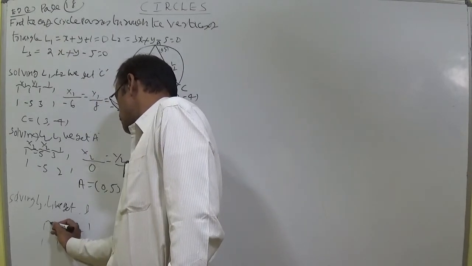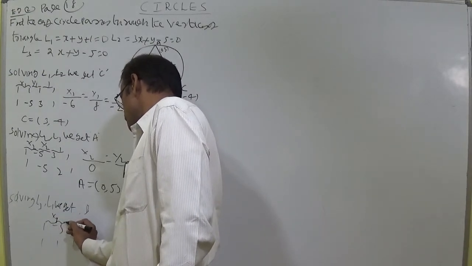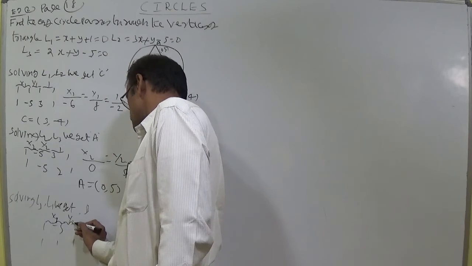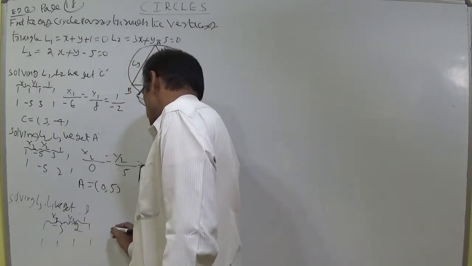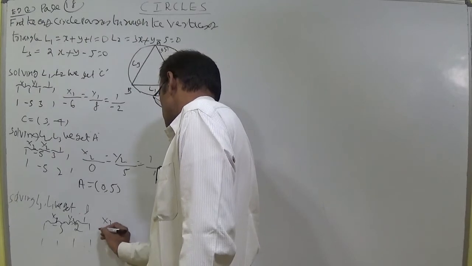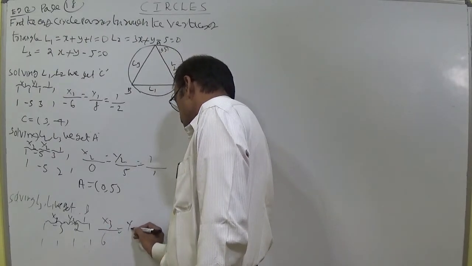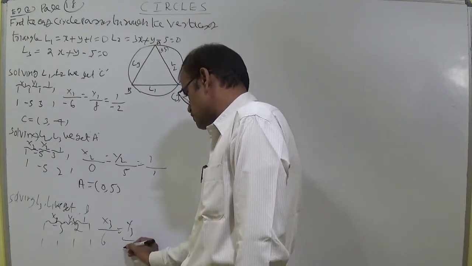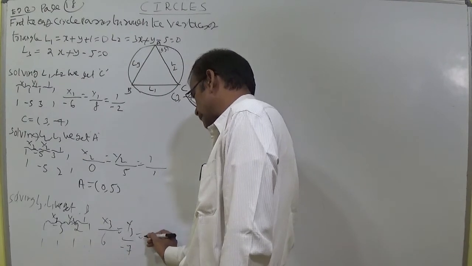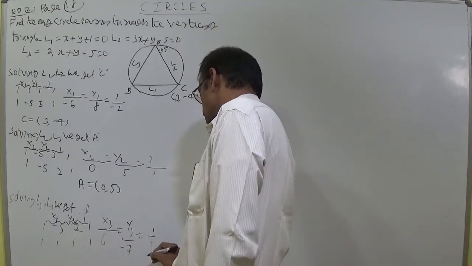You can write this as x3, this as y3, this is 1. x3 by 1 plus 5, it is 6. Now y3 by minus 5 minus 2, this is minus 7. 1 by 2 minus 1, it is 1.